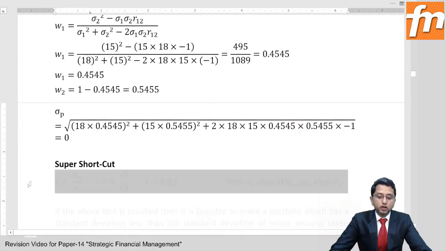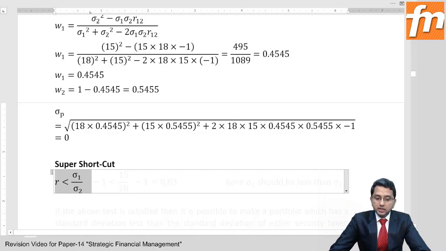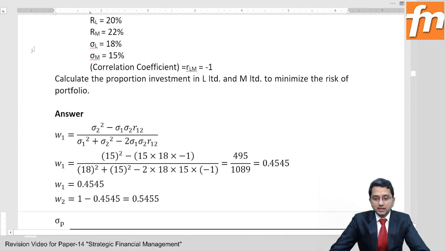And that super shortcut looks like this. If the correlation coefficient is less than sigma 1 upon sigma 2, keep in mind that sigma 1 must be less than sigma 2. Like in this example, one security has a risk of 18%, while the other has a risk of 15%.